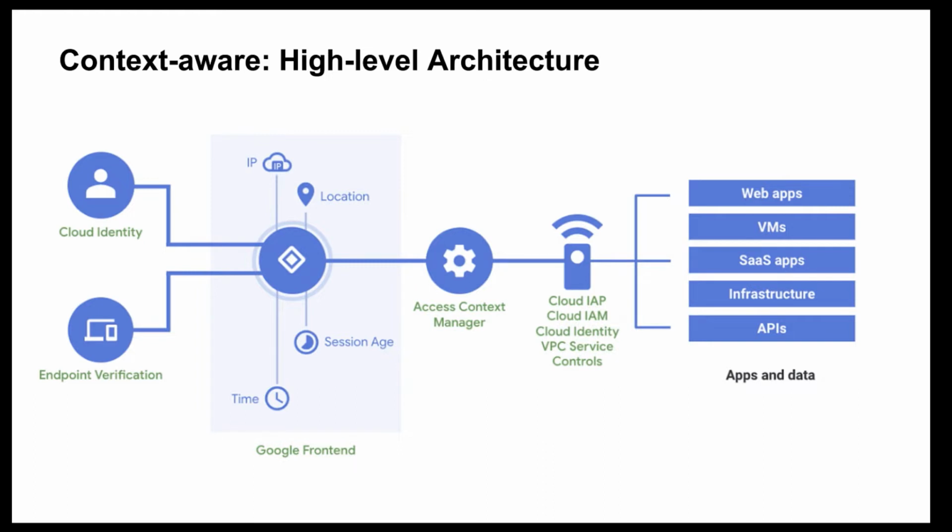Context-aware access for the Cloud Console and the Google Cloud APIs, as well as applications that you might be hosting, whether in Google Cloud or on premises or any other cloud, provides the context-based rules. It's built on top of existing BeyondCorp Enterprise, endpoint verification and access context manager.